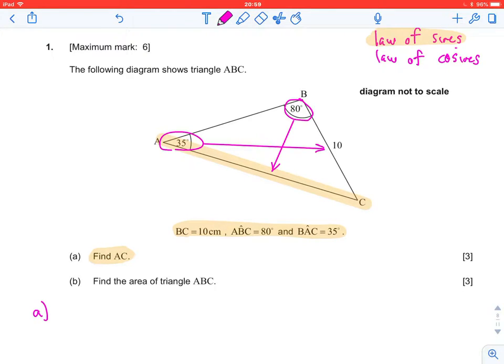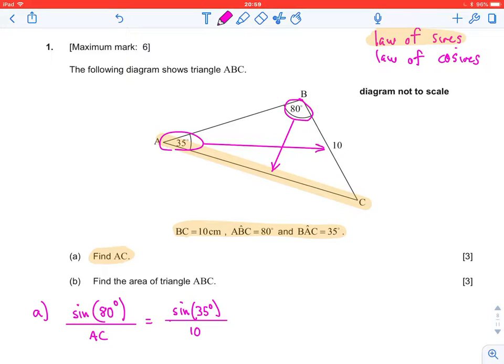So for part A, we can write that the sine of 80 degrees over the side measure that is opposite that angle, which is just going to be AC, is going to be equal to another sine, specifically this is 35 degrees, divided by the length of the side that is opposite it, and that is a length of 10.